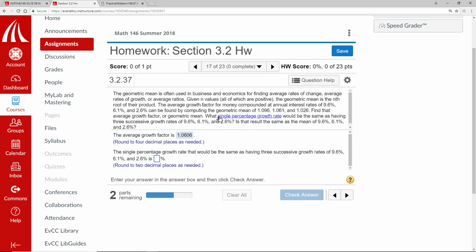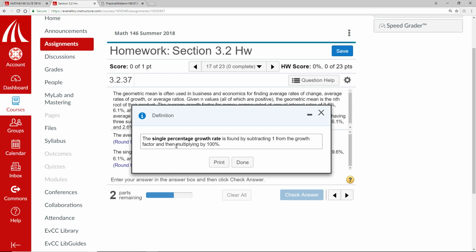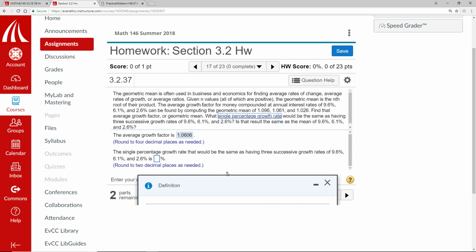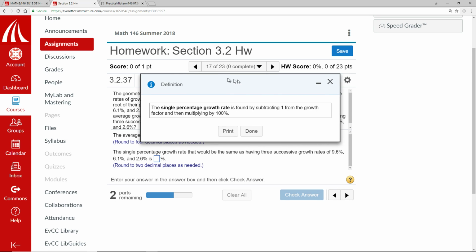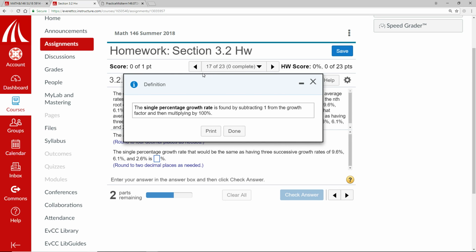Well, the definition of the single growth rate is found by subtracting 1 from the growth rate factor and then multiplying by 100. So if I were to add up all of these and subtract it from 100%, I should be good.